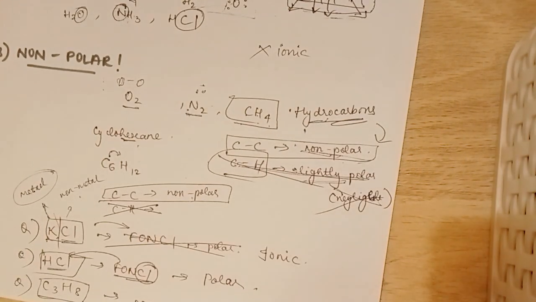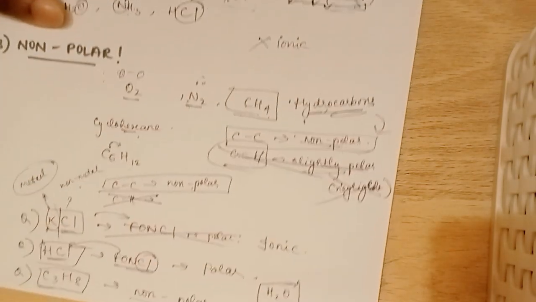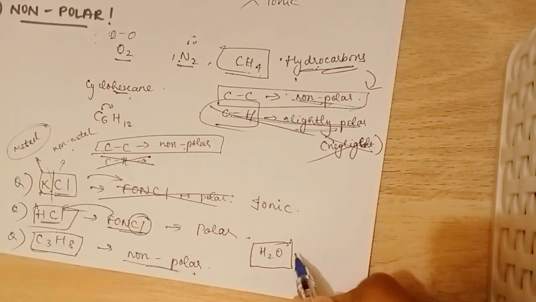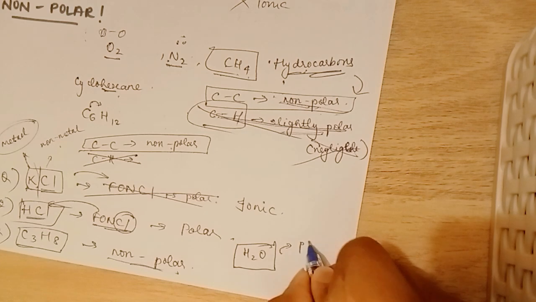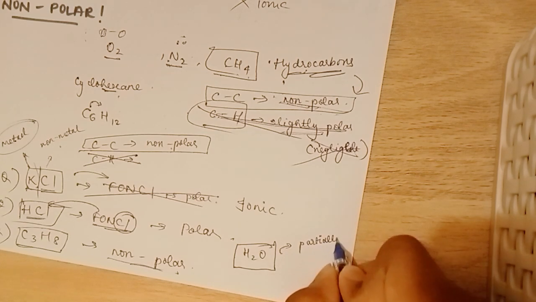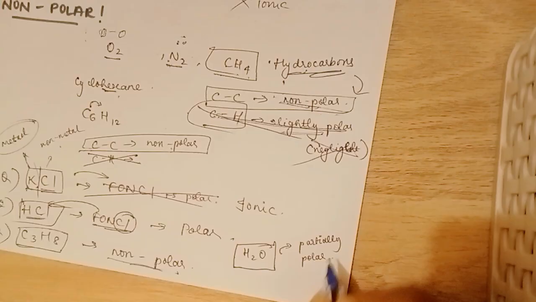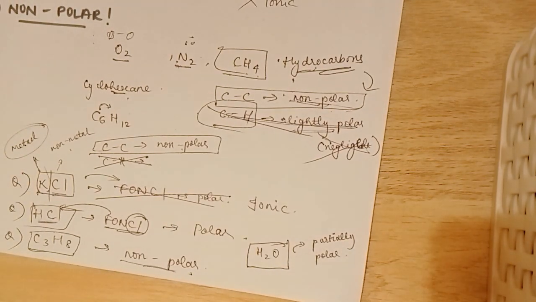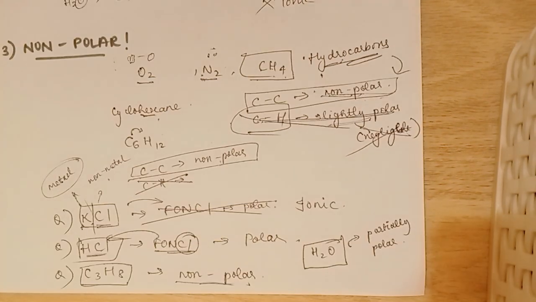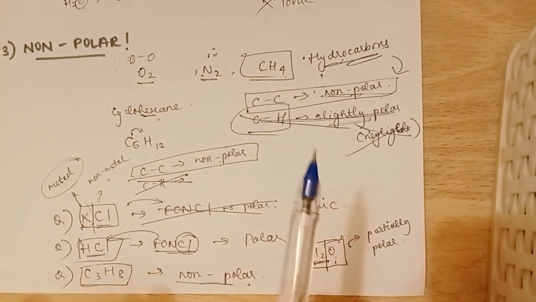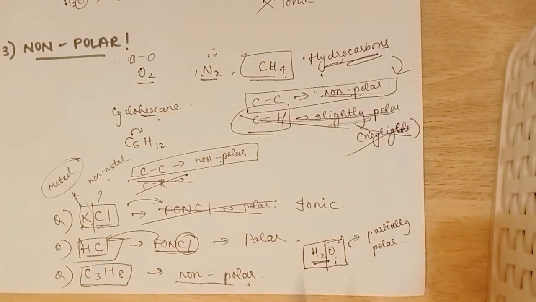Now, the final question is H2O. Is this polar, non-polar, or ionic? Well, the actual reason is that H2O is partially polar. Why do we say that H2O is partially polar? H2O is partially polar because when you learn more about the periodic table, you will find that oxygen is the most electronegative element in the periodic table.